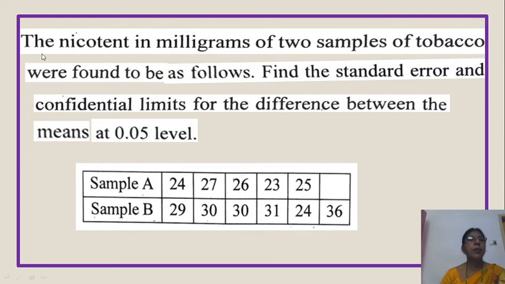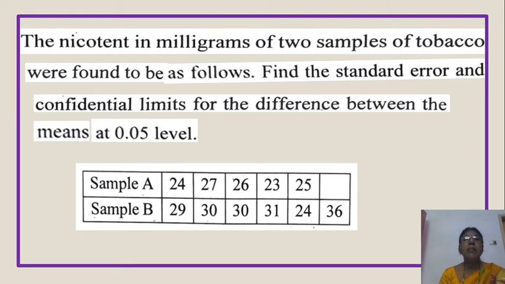See the next problem. The nicotine in milligrams of two samples of tobacco were found to be as follows. Find the standard error and the confidence limits for the difference between the means at 0.05 level.